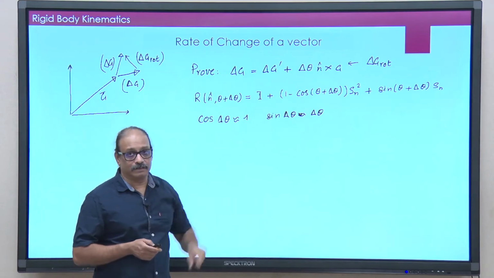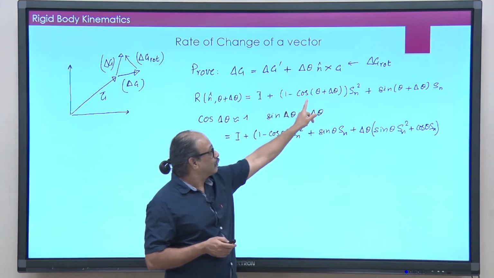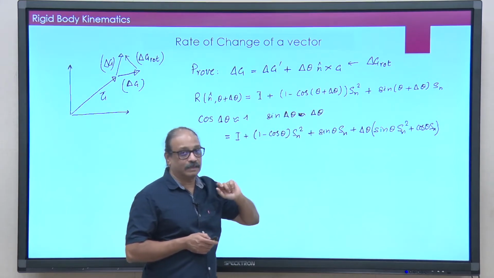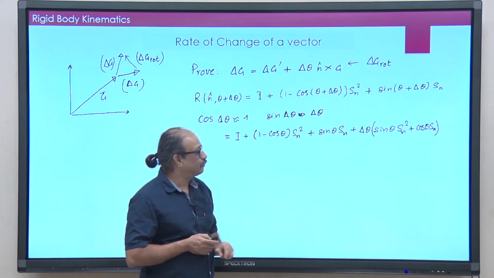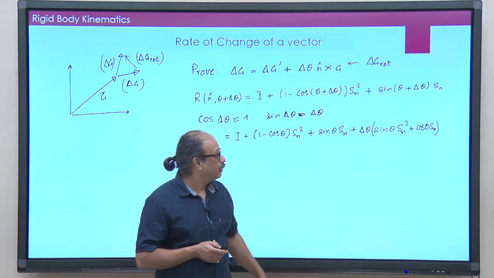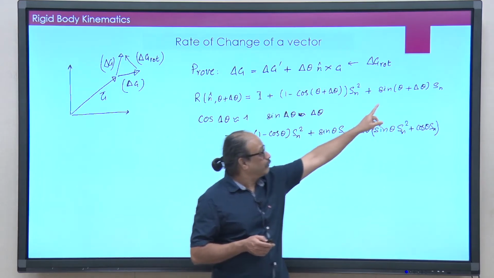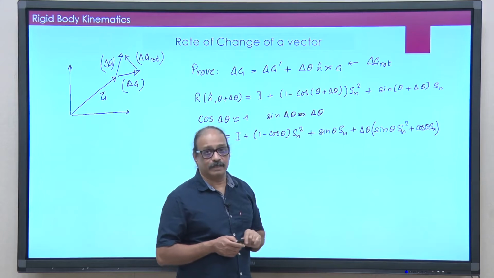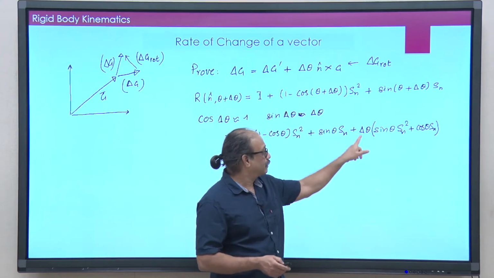Put this back into the equation. So, basically this will be I, and then I will get cos theta into cos delta theta, but that is the same as cos theta because cos of delta theta is 1. So, I will rewrite this as I plus 1 minus cos theta into Sn square, but the second term will be sin theta into sin of delta theta, that term I am writing separately. Similarly, from here I would get sin theta into cos of delta theta, but that is just sin theta into Sn, and the second term would be cos theta into sin of delta theta, but that is delta theta there.